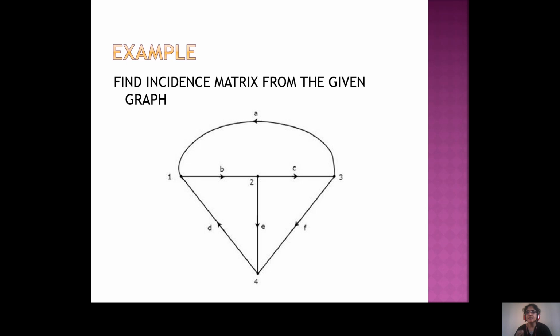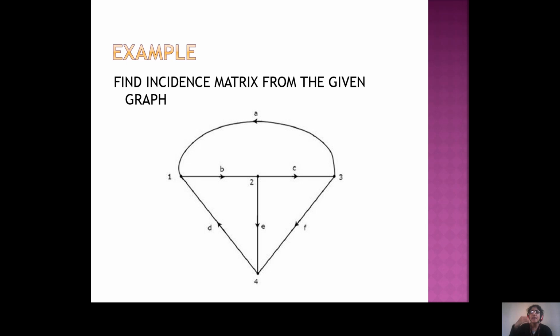So I take a simple example of how this incidence matrix will be formed. Find the incidence matrix from the given graph. They have given a simple graph. How many nodes are there here? 1, 2, 3, 4, and branches A, B, C, D, E, F. They have already given the orientation directions of this graph.